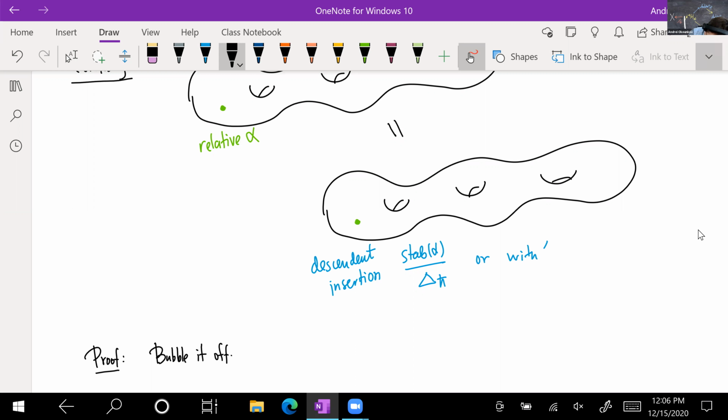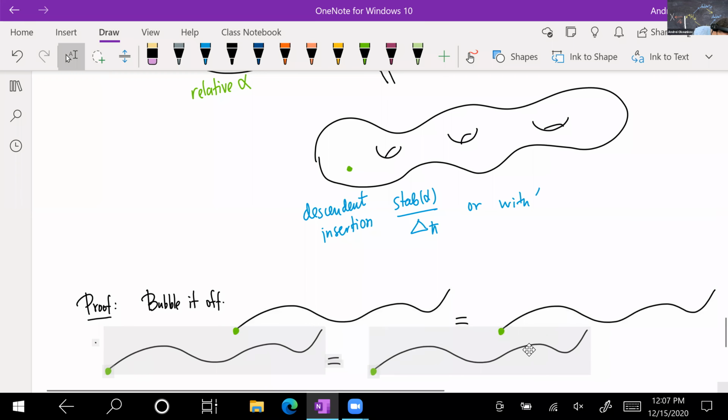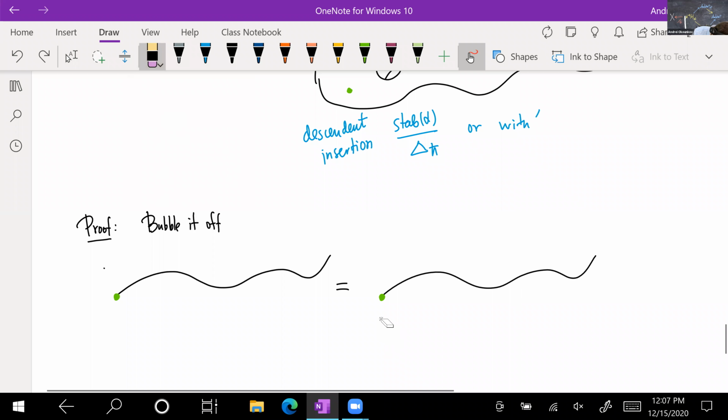This is always equal to the same thing, and then I can bubble it off, which means I put the relative condition here.